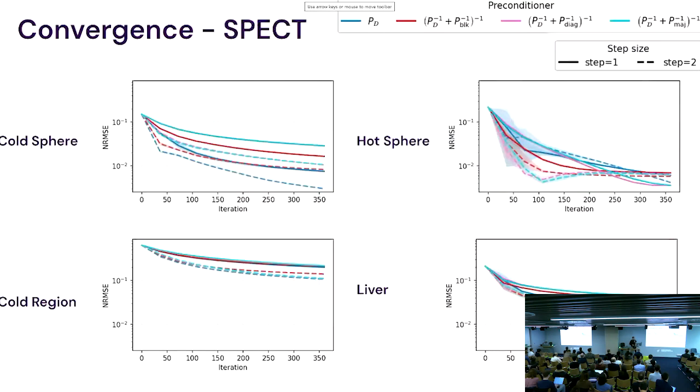And in SPECT, it was broadly similar. So the EM type preconditioner did better in some cases, and the prior-aware preconditioner did better in other places. One thing to note is that the block diagonal preconditioner, where we did include the cross-modality coupling, didn't appear to do any better.